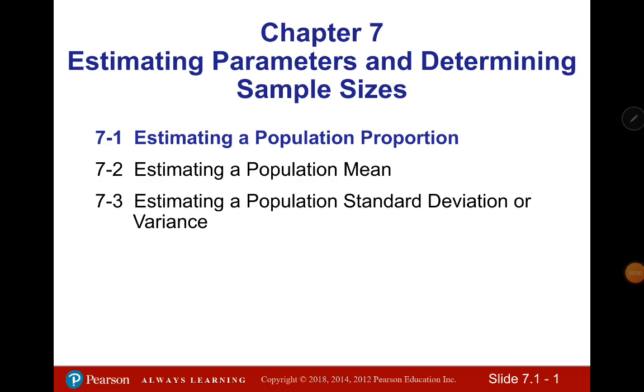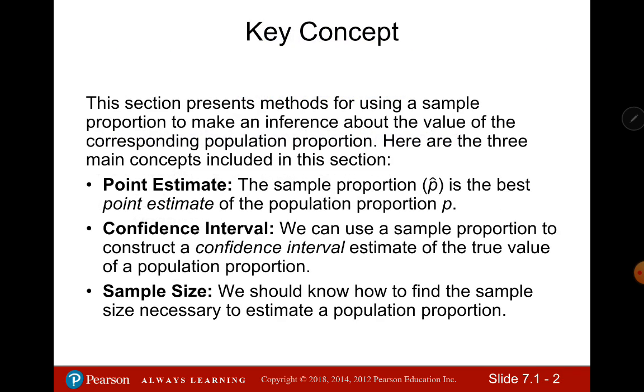So the whole chapter 7 is about how to estimate the parameters and determine the minimum sample size for estimating. The first section we will talk about how to estimate a population proportion. We will focus on 3 objectives.